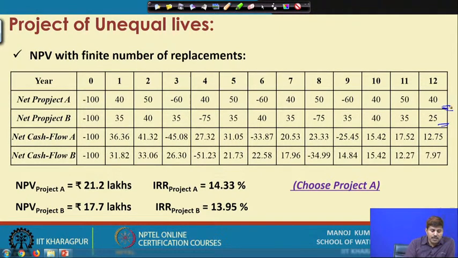So, we can now get the discounted cash flow. This is at the rate of 10% discount. Same way this is also at the rate of 10% discount.